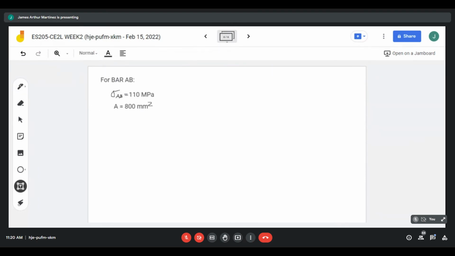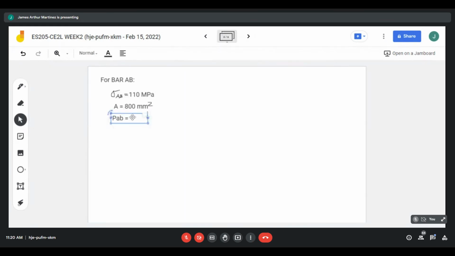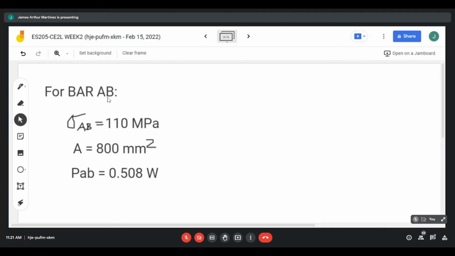And we also have the applied load, or the internal force at AB, equal to 0.508 of W. So by this, we can compute W.